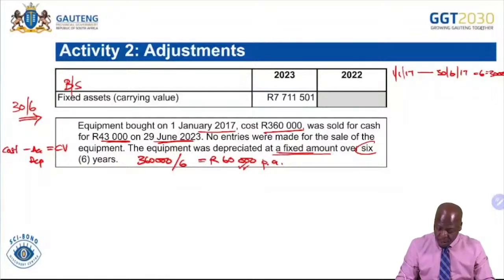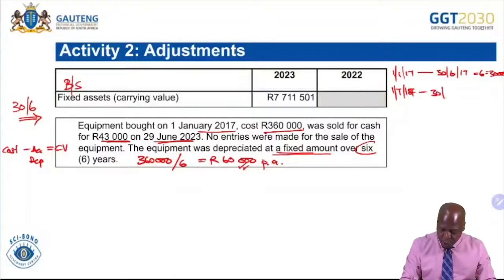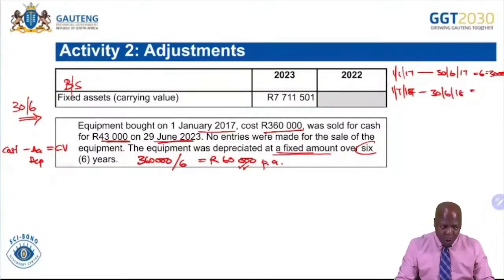Can I go on? The following year, which began on the 1st of July 2017, until the 30th of June 2018. This is a full year now. So it's no longer losing 30,000, it's losing the entire 60,000.